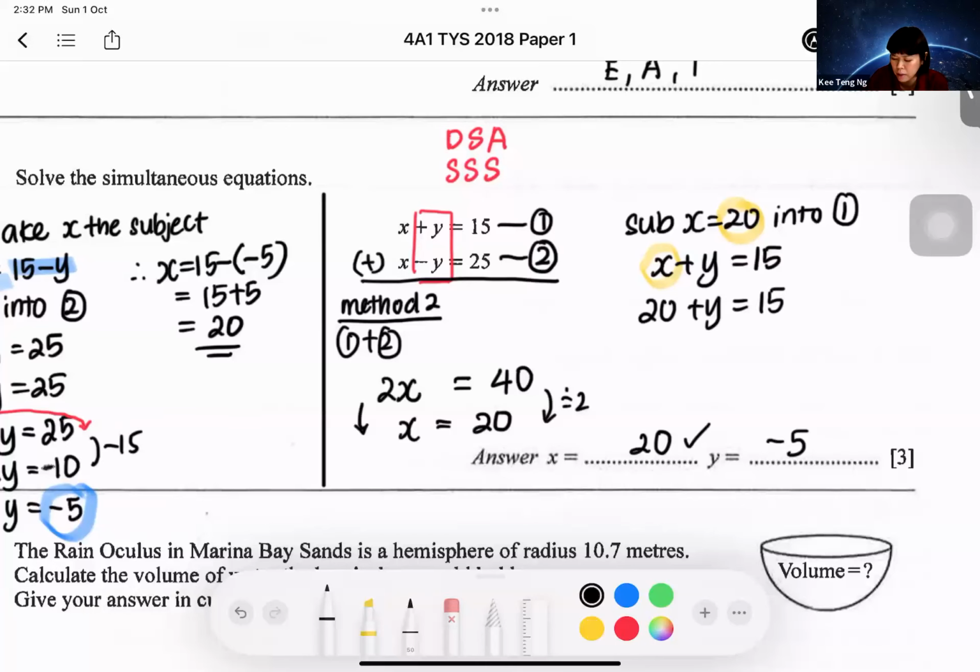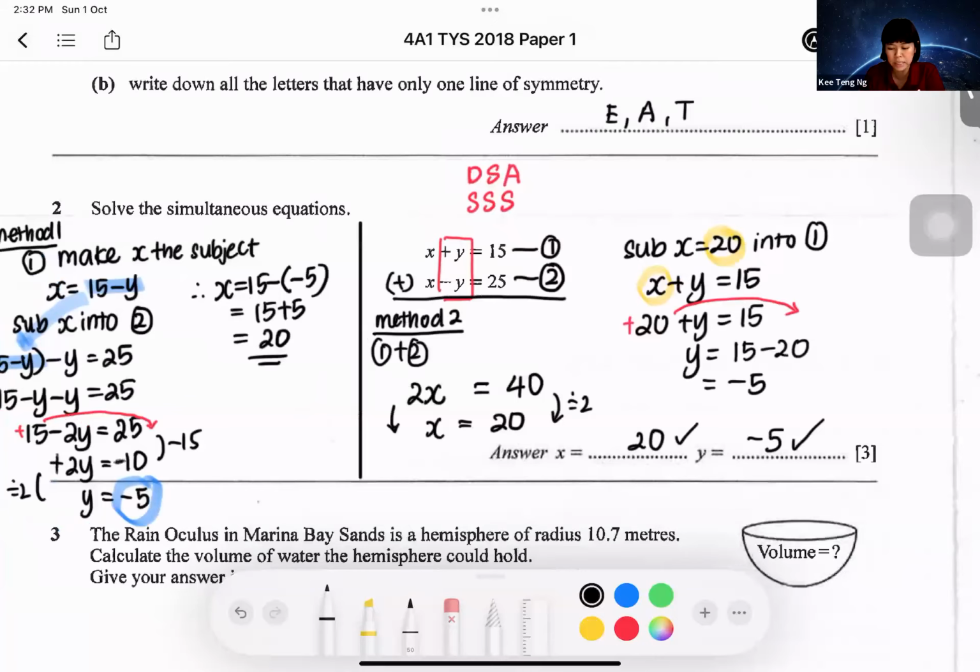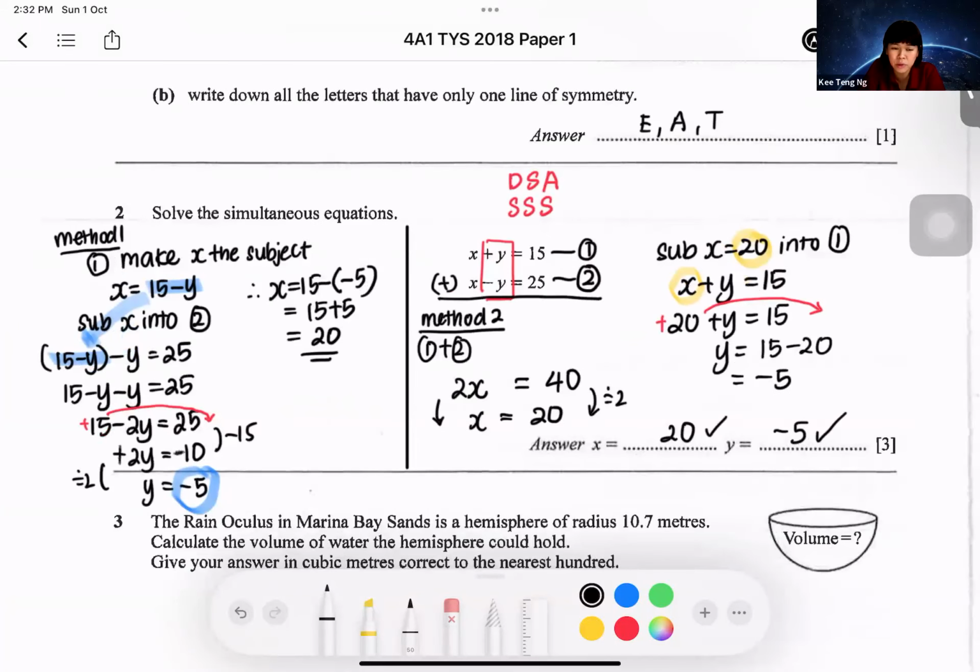So how do we find y? I want to get rid of 20. This is positive plus 20. So undo plus 20, I subtract 20. I get my answer negative 5. And have you gotten the answer? So in this case, these are the two different methods for simultaneous equation.